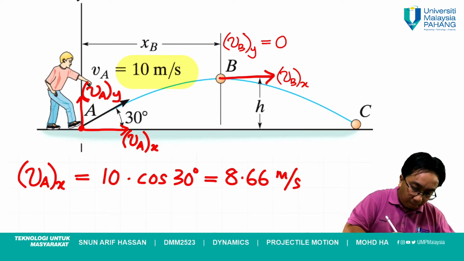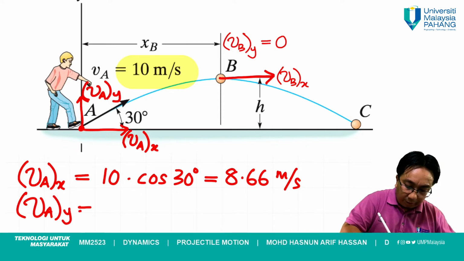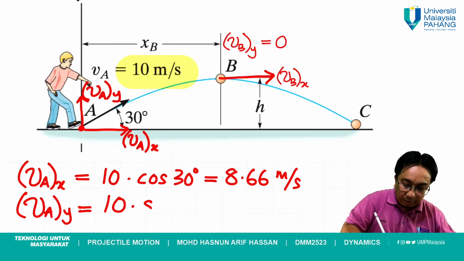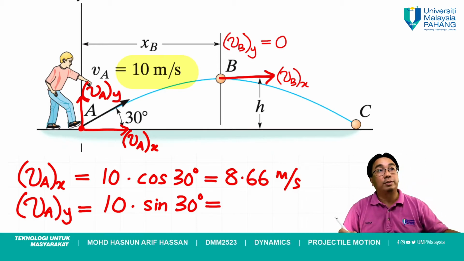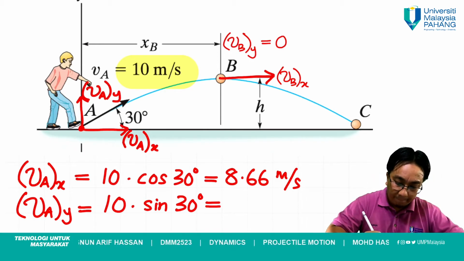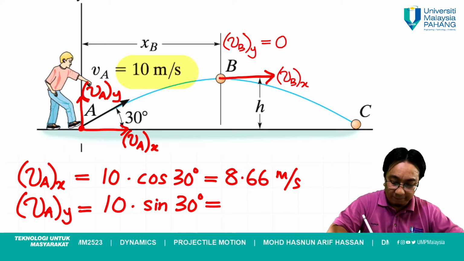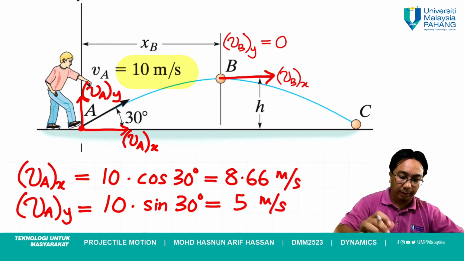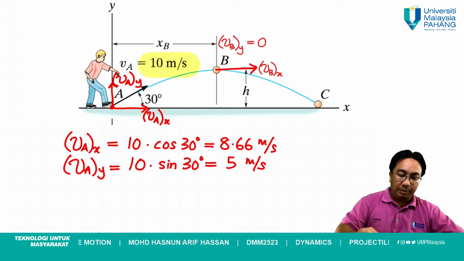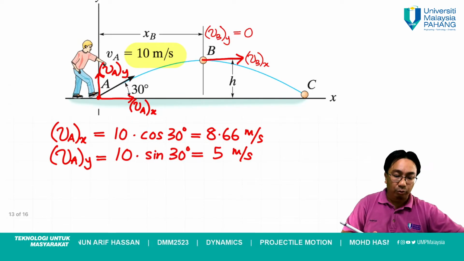VAY ialah, kalau X dah jadi cos, VAY mestilah sin 30. Okay, so 10 sin 30 ialah 5 kan? 5 meter per second. Okay, daripada sini kalau you nak double confirm, when you calculate the magnitude, you akan dapat 10 lah.